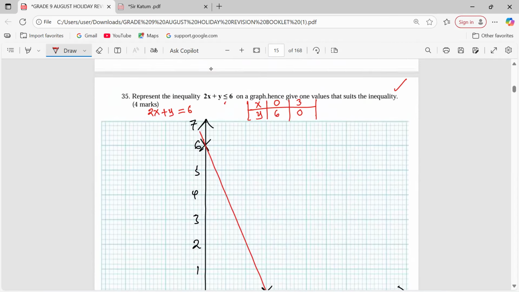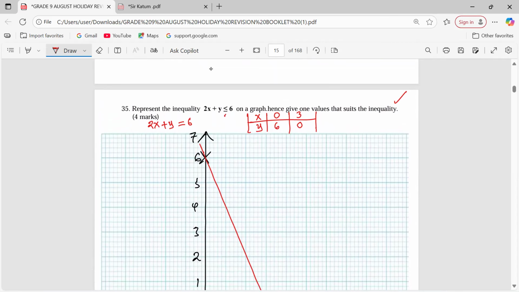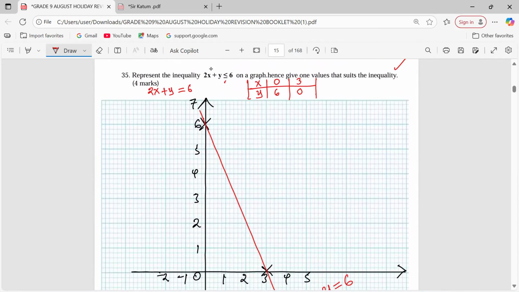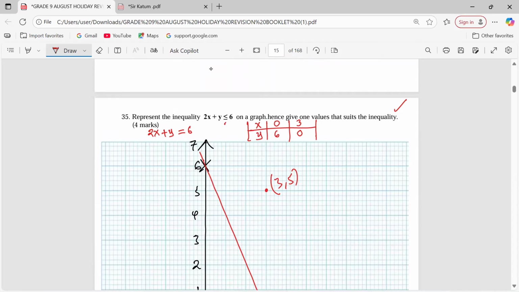After that, now we have to identify the sides to shade and the ones not to shade. So let's identify a coordinate like this one. This is coordinate (3, 5). With coordinate (3, 5), we test the inequality. We substitute 3 for x and 5 for y.